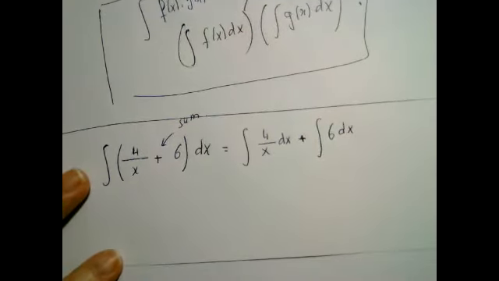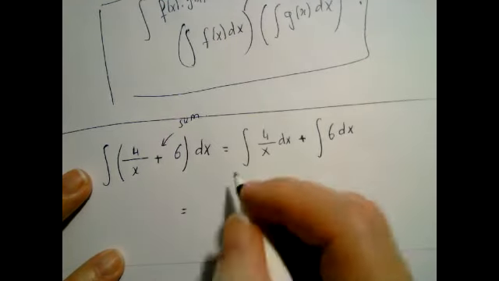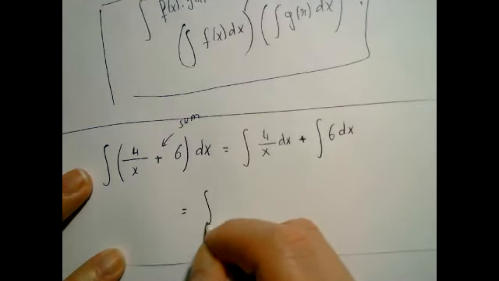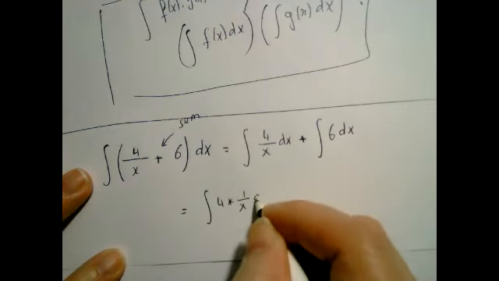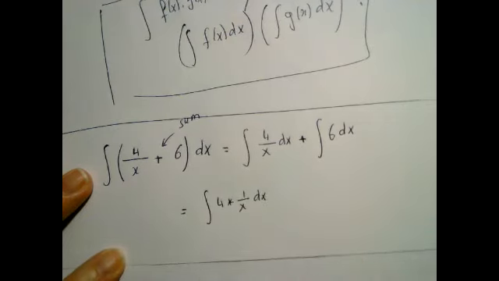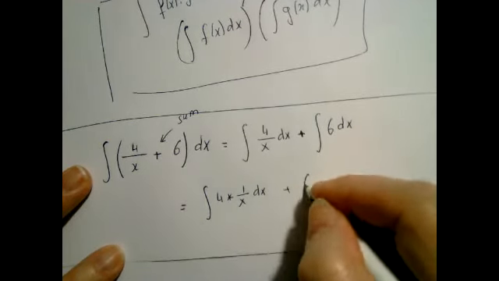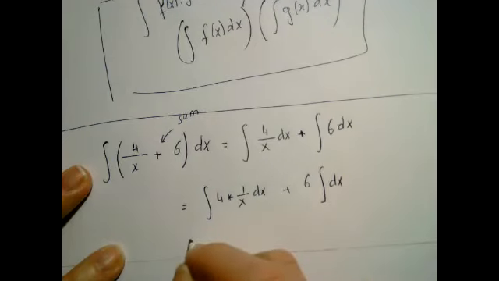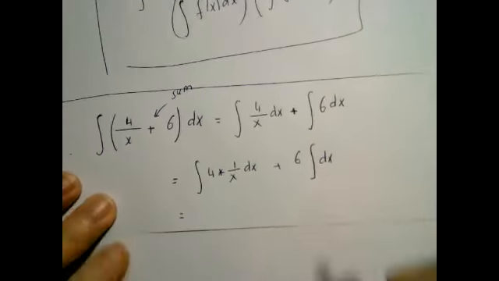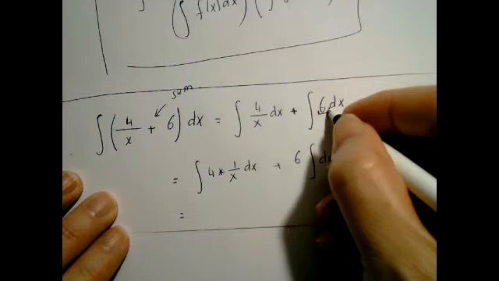Right. Let's see each one of those. 4 over x is basically 4 times 1 over x dx plus 6 times dx. Now, let me make sure we understand. 6 is a constant.